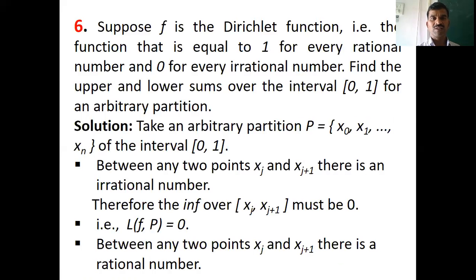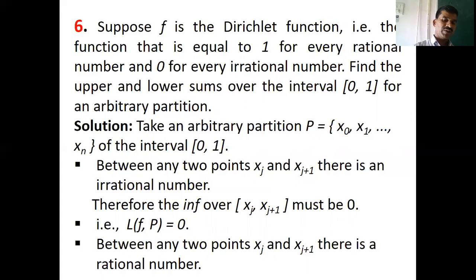And the last problem is a discontinuity problem. The function is 1 for every rational number and 0 for every irrational number. Now we find the upper and lower sums for an arbitrary partition of the interval [0, 1]. Definitely between any 2 points in a subinterval there is an irrational number, therefore the infimum over that subinterval must be 0, so the lower sum is 0.